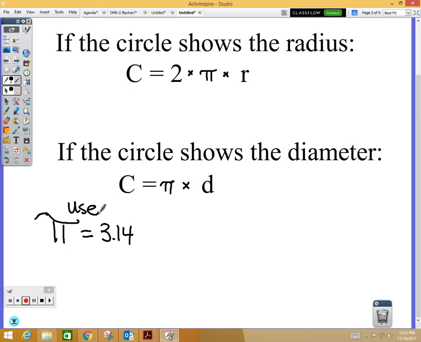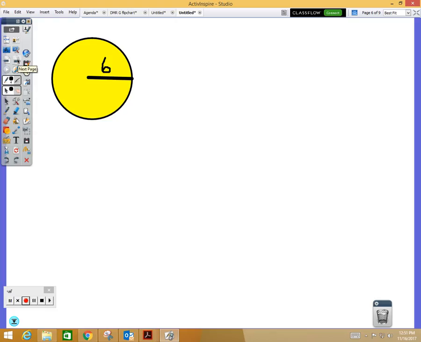So we're going to practice finding the circumference of these circles. So first of all, I want you to tell me, looking at this circle, does it show a radius or diameter? It shows a radius. So the radius is 6. And since this picture shows me a radius, I'm going to write down the formula that involves the radius. Okay?